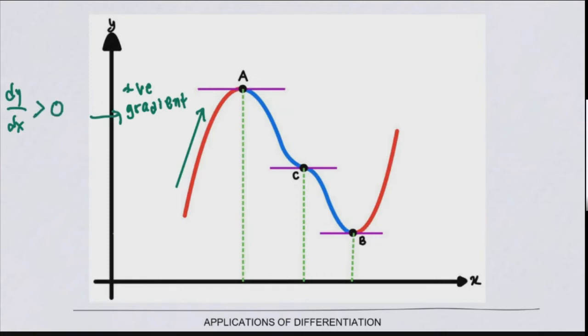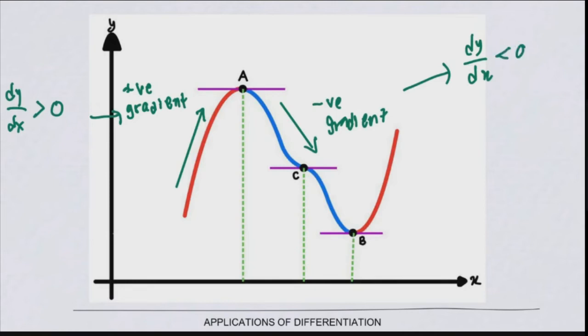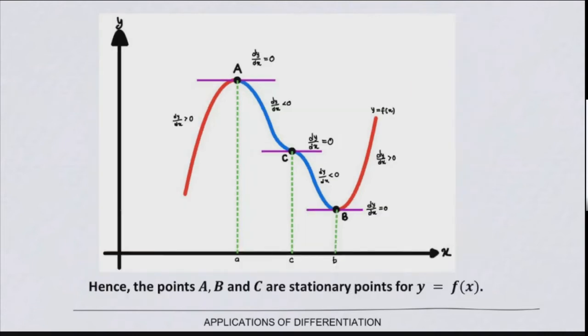The blue refers to a decreasing function graph, which means it has a negative gradient, so dy/dx is less than 0. Okay, correct. Can you follow me? Yes.